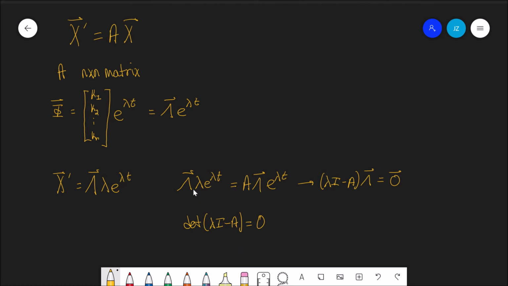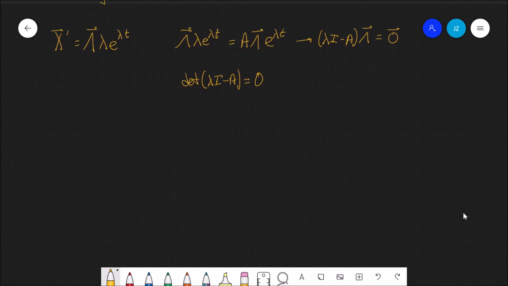Well, this is the eigenproblem we studied last time, which means that this capital lambda, this constant vector, would be an eigenvector, and this lambda would be an eigenvalue. There are 3 cases here. Just as with the linear differential equations, we can have distinct real roots, repeated real roots, and complex conjugate roots. And we will study each one in turn.